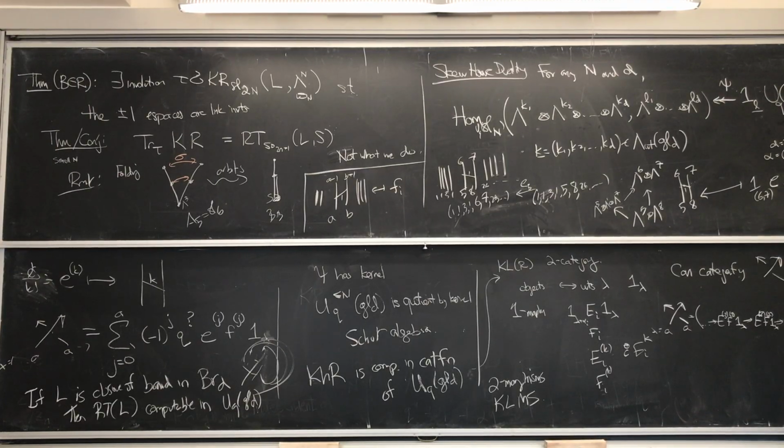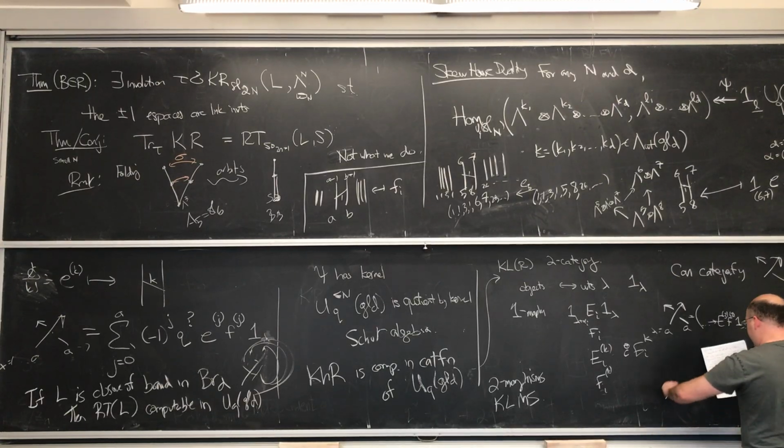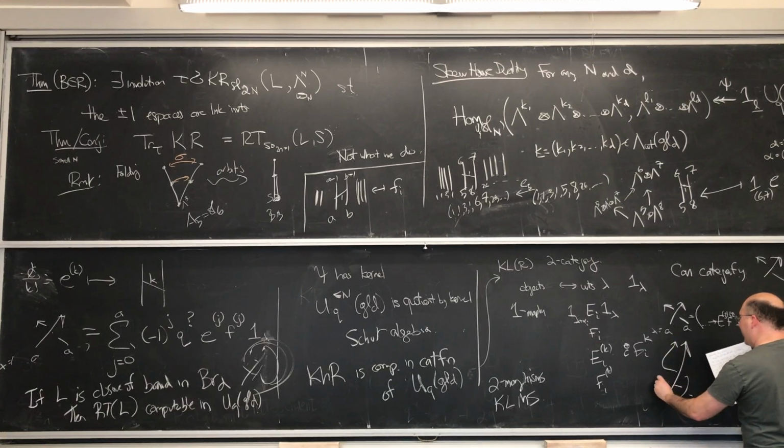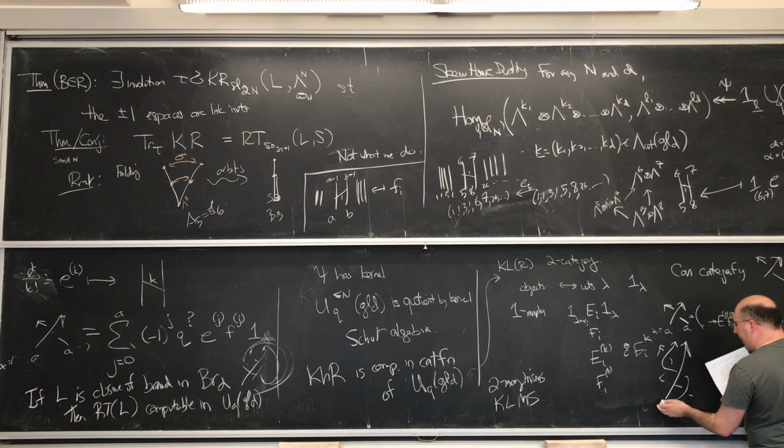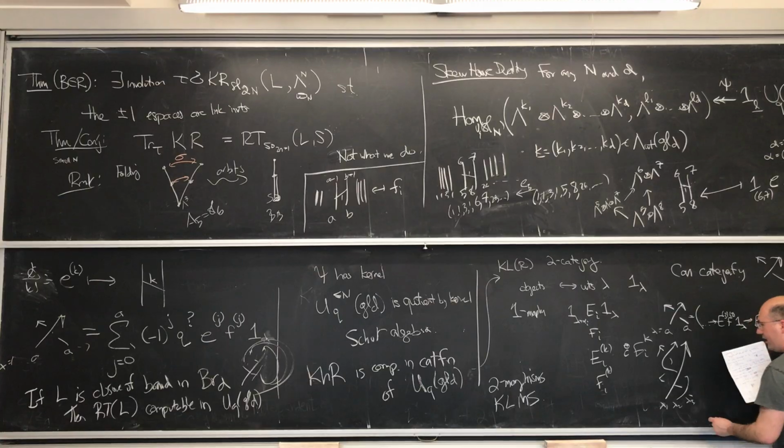Okay. What was the first name? Rickard? Rickard? Jeremy Rickard? Okay. So then to some sort of braid, I don't know, just doing some stuff, where these are labeled by sort of indices like k_1, lambda_1, lambda_2, lambda_3.